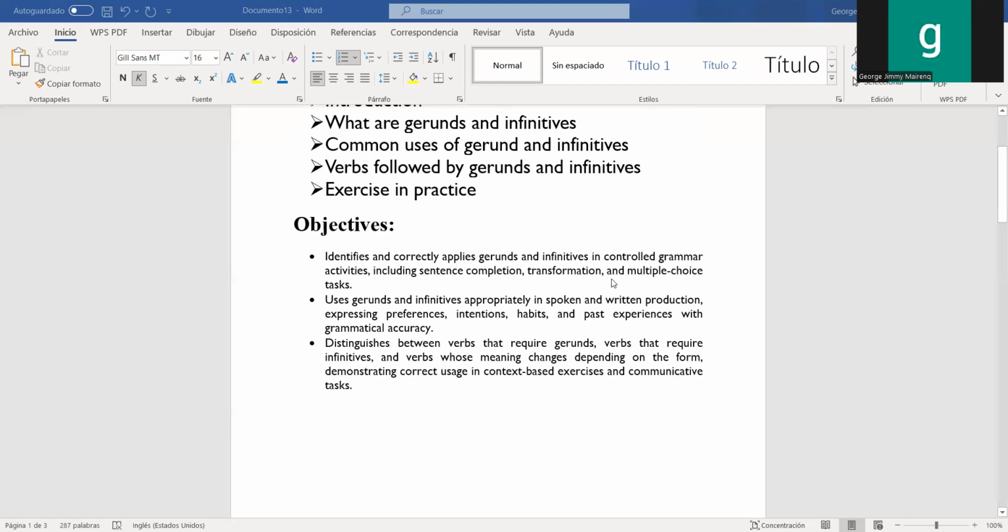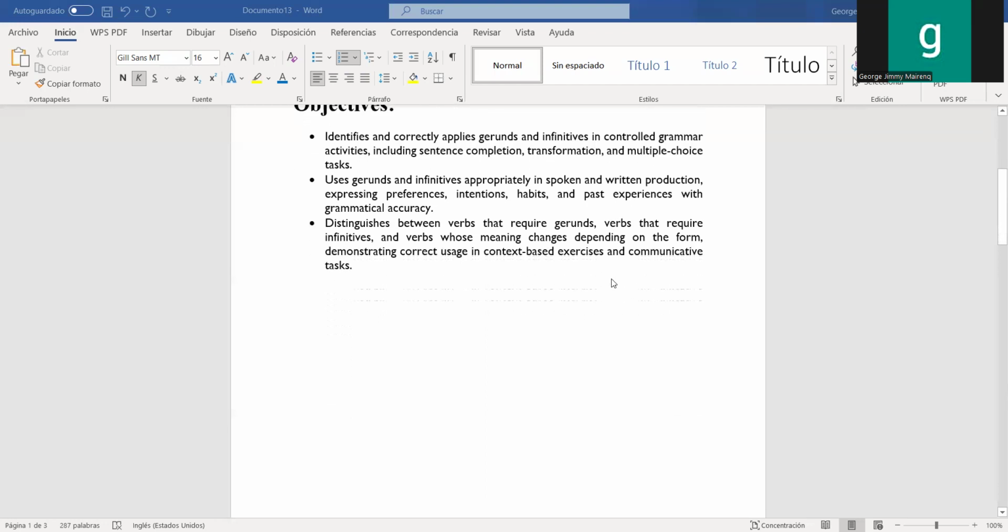Okay. So, as you know, folks, gerunds and infinitives are essential grammatical structures that allow you to express actions, intentions, preferences, and experiences with accuracy and clarity.